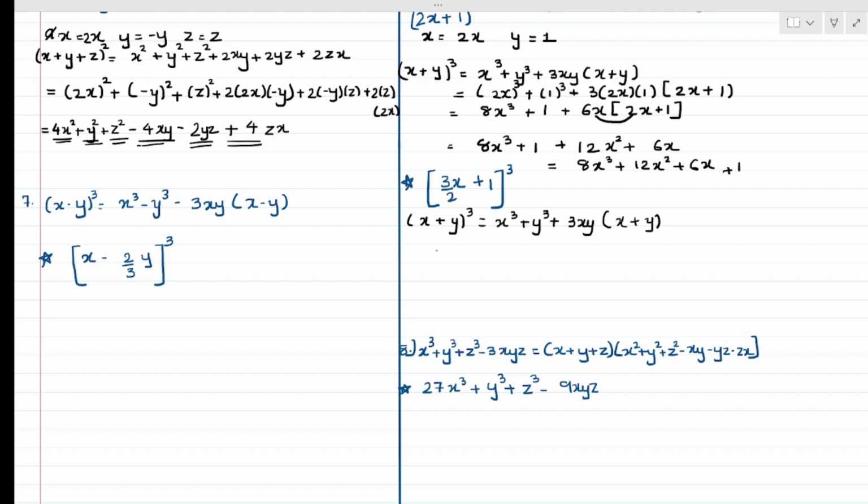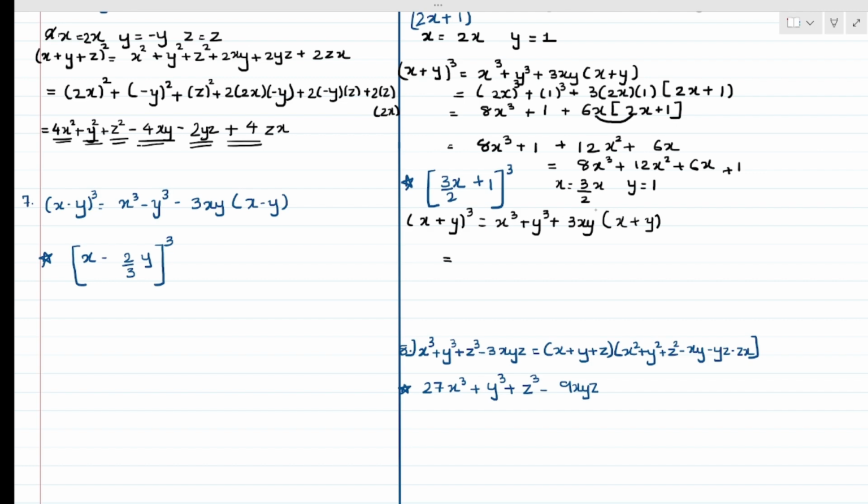Now decide what is your x and what is your y. So in this case, my x will be 3 by 2x and my y will be 1. Clear? This is my rational format. We have done a simple format example. Now there is another example with rational forms. Okay. So let's solve this.